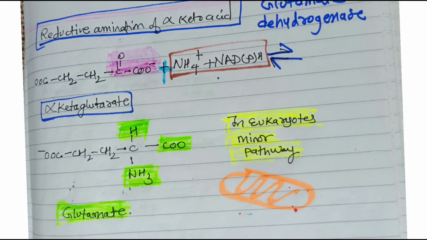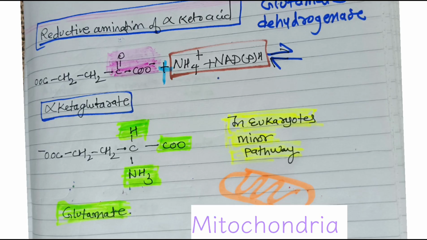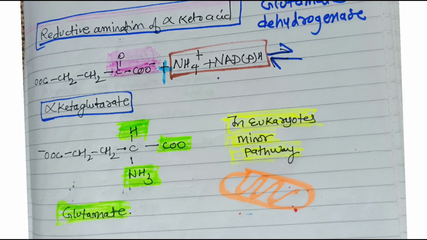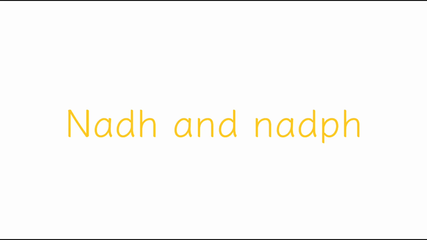So this pathway is present in all organisms, and in eukaryotes it is the minor pathway and it occurs in a specific cell organelle, that is the mitochondria. So glutamate dehydrogenase is an unusual enzyme and it does not discriminate between NADH and NADPH.